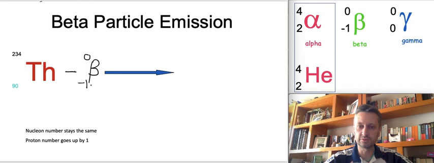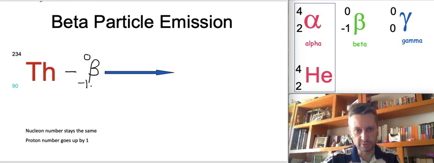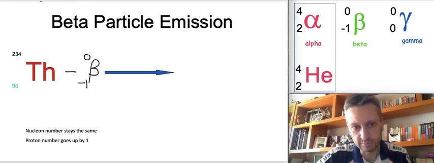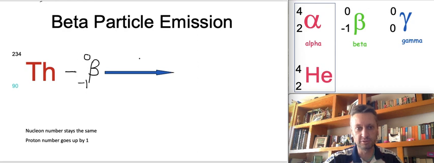And because when you lose a beta particle, a neutron becomes a proton, we need the proton number to increase by 1. Minus 1 is the same as plus 1. So therefore it's going to increase by 1 to represent the gain in a proton in the nucleus. I hope that made sense.